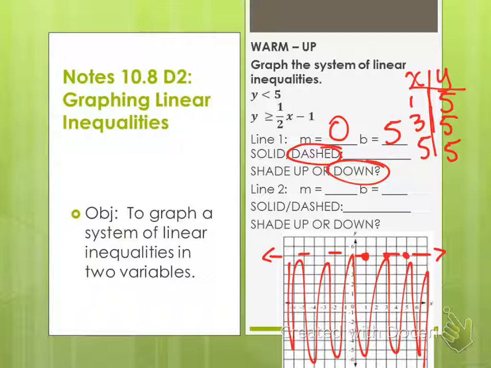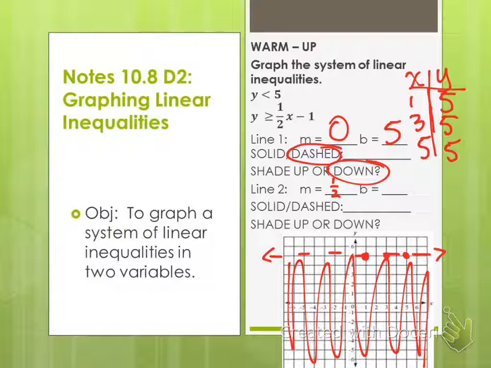All right, for our second line, M and B, what are they? We need M and B. Tariana? 1/2 and -1.